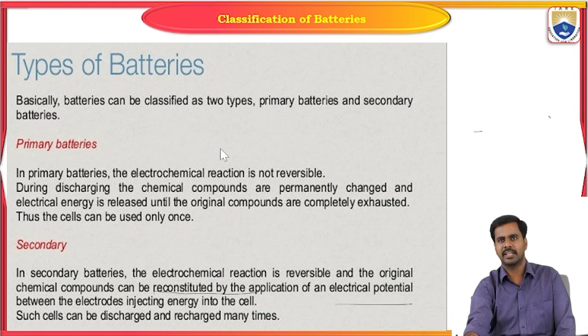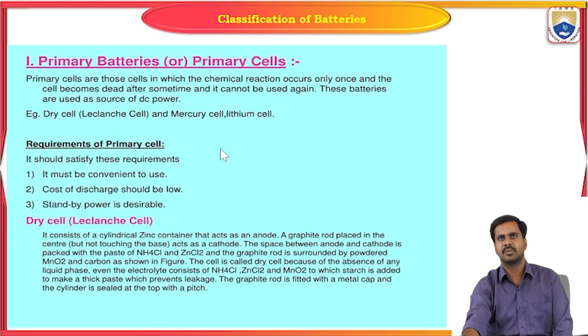Primary cells are those cells in which the chemical reaction occurs only once and the cell becomes dead after some time and cannot be used again. These batteries are used as a source of DC power.